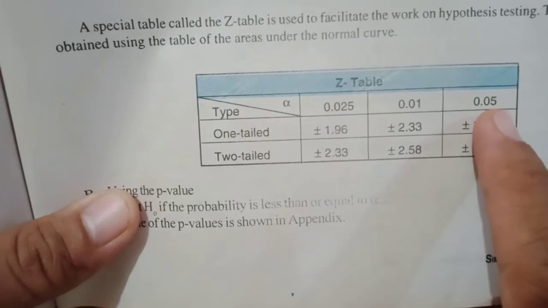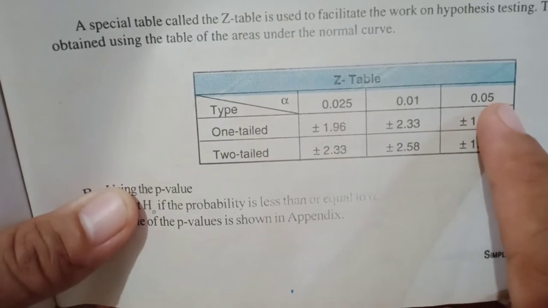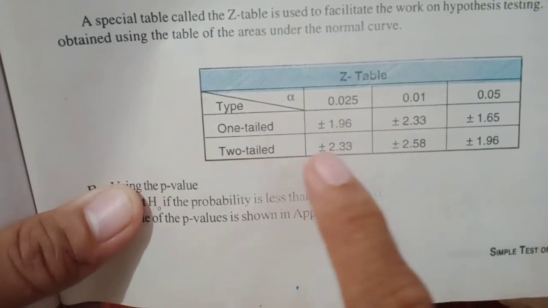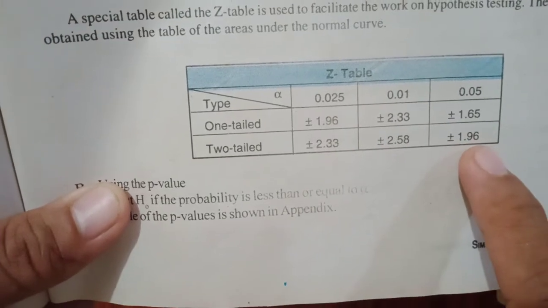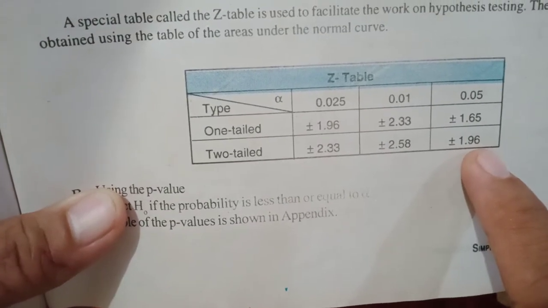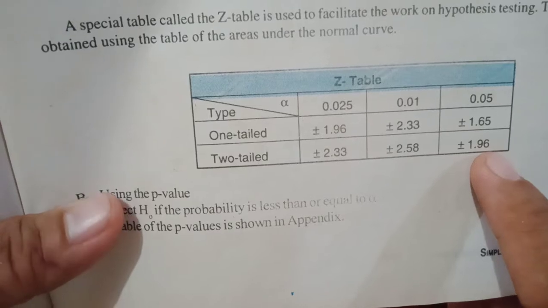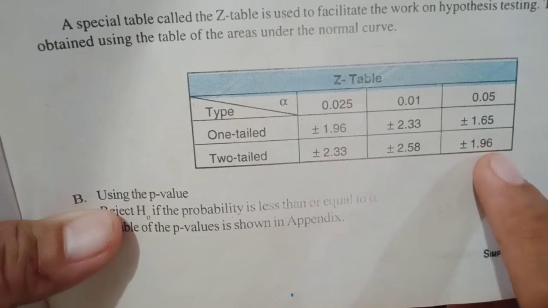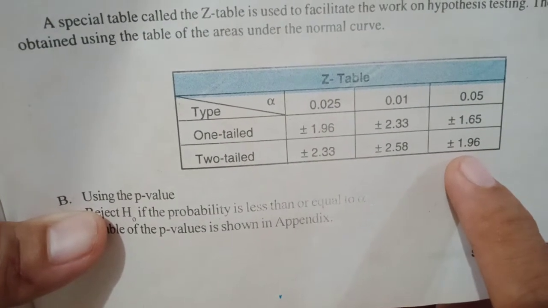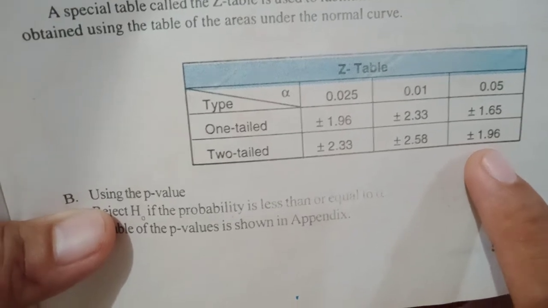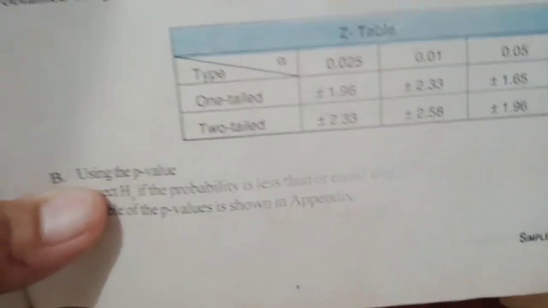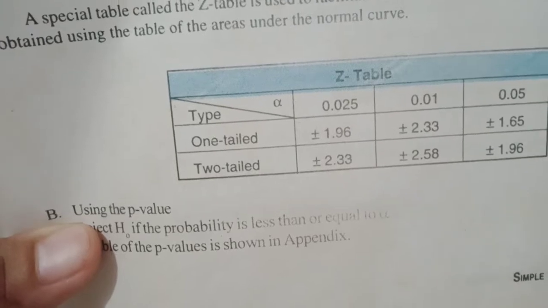So, dahil 0.05, ang critical value ng two-tailed, yan, 1.96 ang positive critical value of Z at negative 1.96. Okay? Yan ang pagkuha ng critical value.